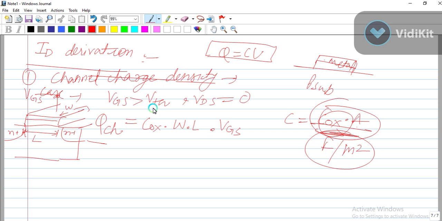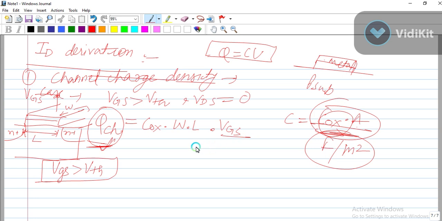No. If VGS is equal to 0, when will the channel charge come? When VGS is greater than VTH. That is the condition for making free charge carriers in the channel.